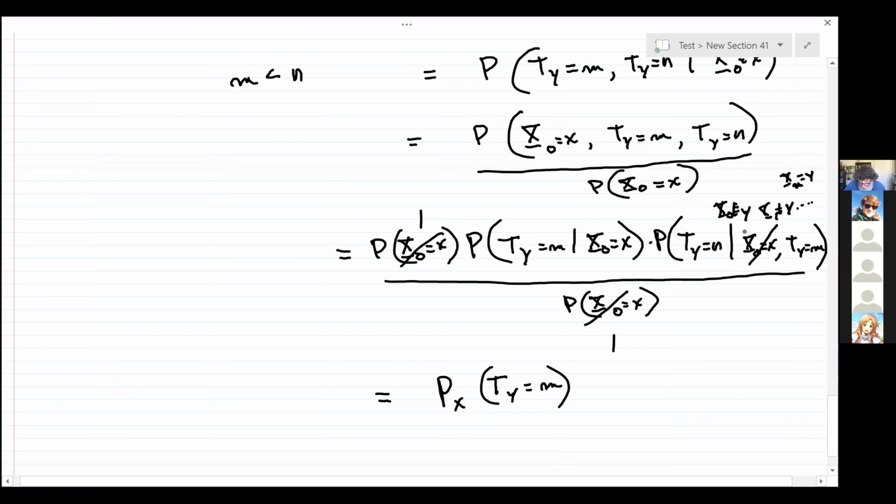So the condition here has a lot of information. It tells you where you were initially at time 0. Well, we crossed that out. But if the first time you were at Y is n, then you weren't at Y anywhere else until the end. You can cross off all this information by the Markov property. It's the distant past. So what does this turn into?